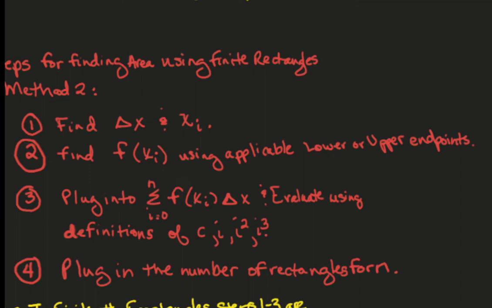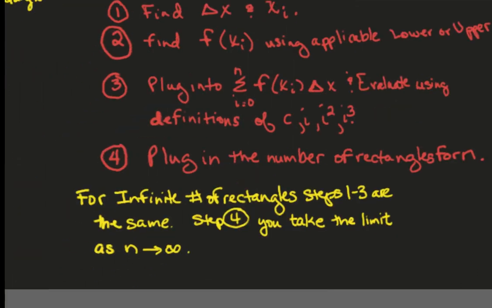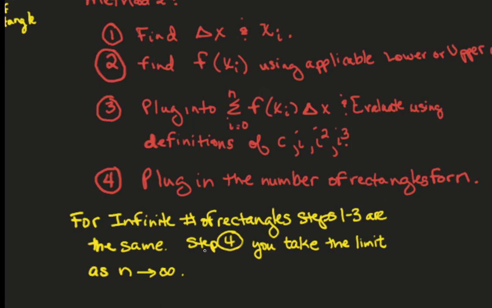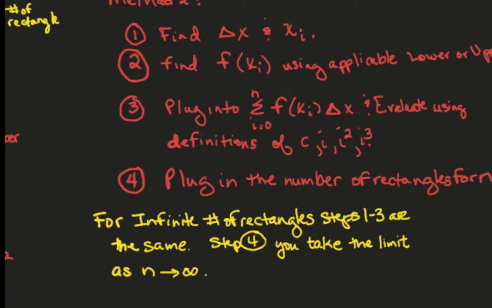The only difference if you have a number that's not finite, it's an infinite number of rectangles, step 4 changes to taking the limit as n approaches infinity. But either way, you get the correct answer. So I hope I've eliminated any doubts that you might have.